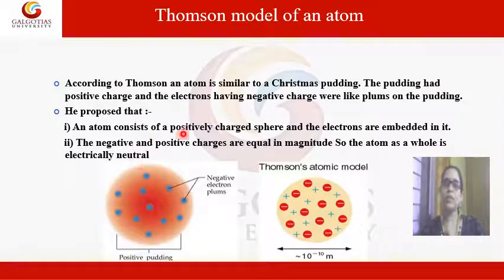Then after Dalton, Thomson is another scientist who gave a model regarding the structure of the atom, known as Thomson's model. According to Thomson, the atom is like a Christmas pudding.